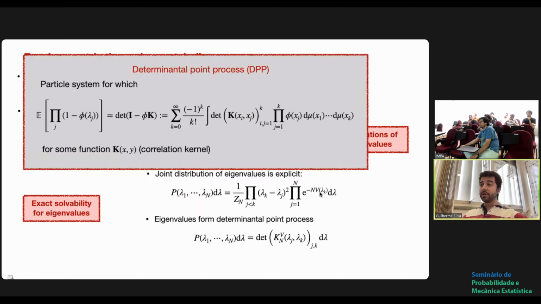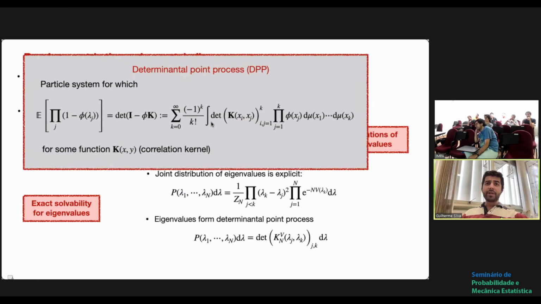What does it mean in more general terms? Imagine that you have a certain particle system, let's say on the real line, for the sake of concreteness. You have certain random points, lambda j, and we say that those random points form a determinantal point process if you can find a function of two variables, K, for which this kind of generating function, the expectation of the product of 1 minus phi of lambda j, some very general family of expectations, can be expressed in what we call a Fredholm determinant.